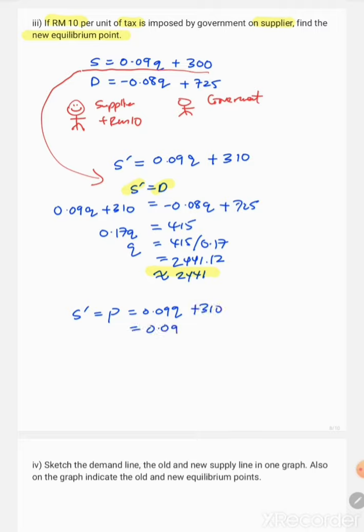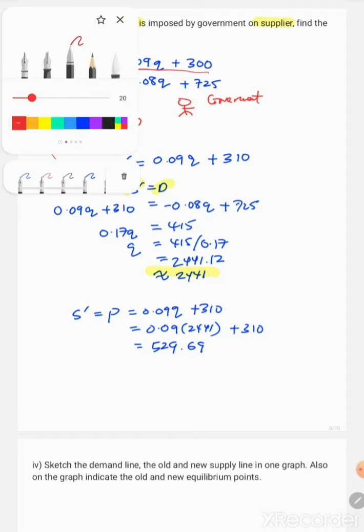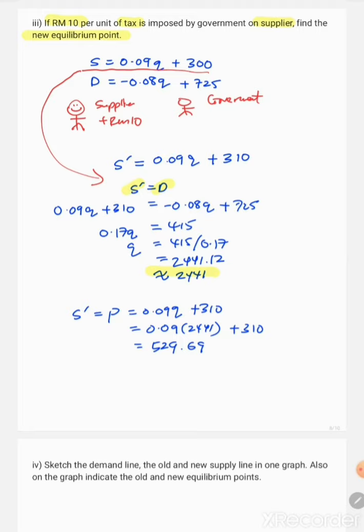Substitute Q is 2441, plus 310, the value is 429.69.